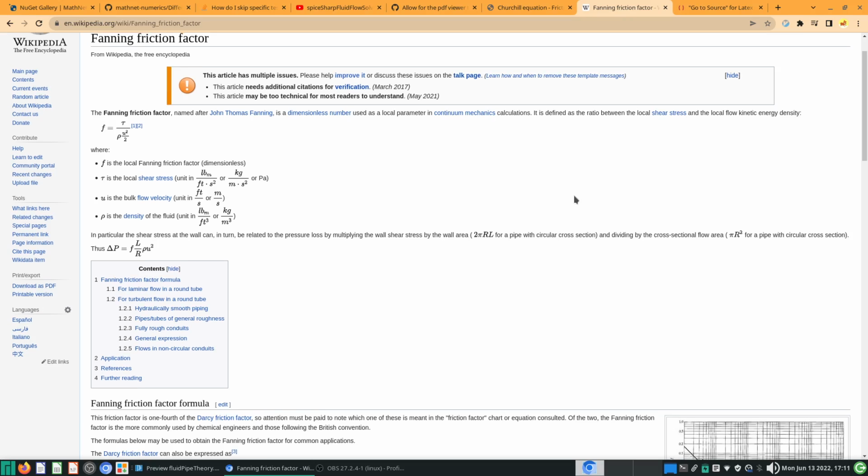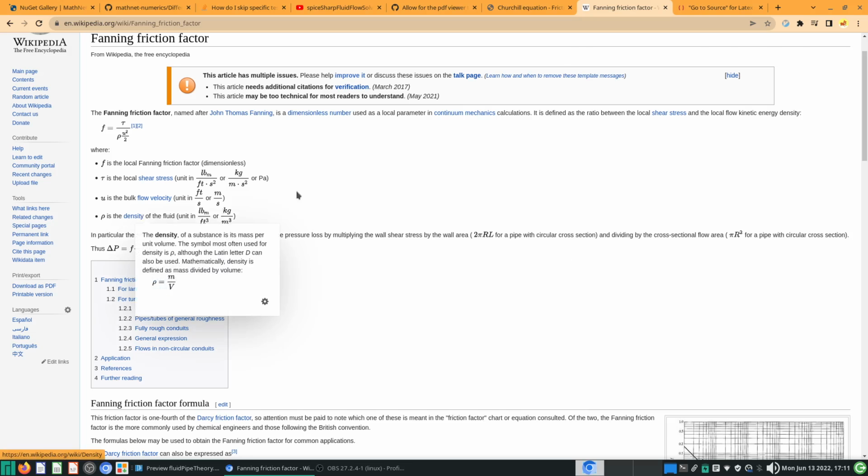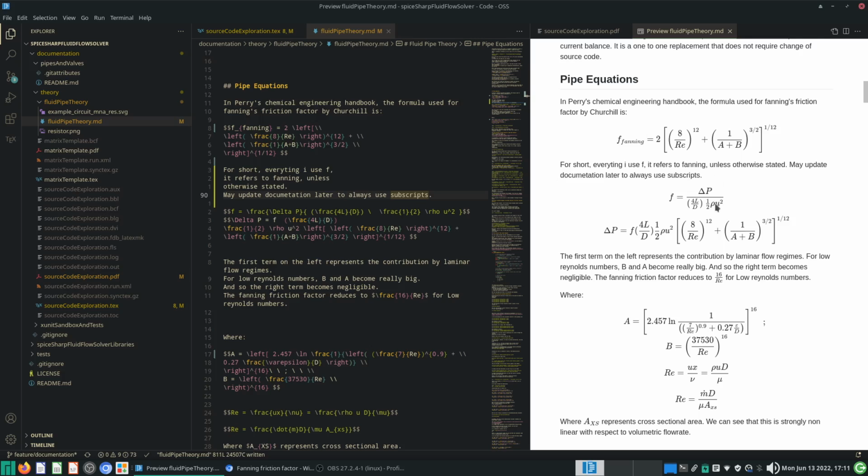Okay, if you can see here, delta P over 4L over D. I believe this is some representation of local shear stress, delta P over 4L over D, and you have the half rho U squared term right here.